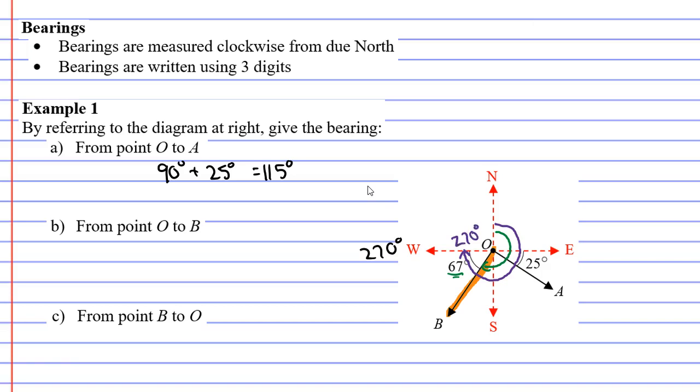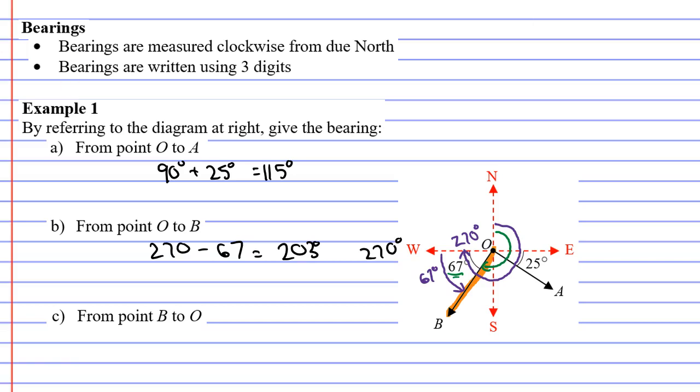We want less than that, and we need to figure out how far back from the 270 degrees we need to go. That's where the 67 degrees comes into play. If we go 67 degrees backwards, we land on our arrow. So for this example, we're not adding angles, we're subtracting them. 270 minus the 67 comes out at 203 degrees for our bearing.